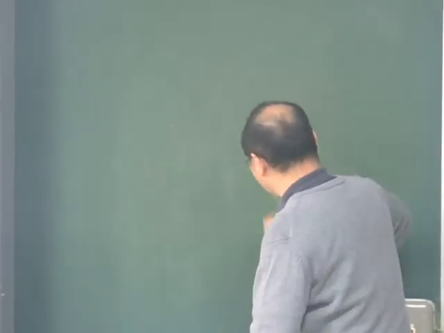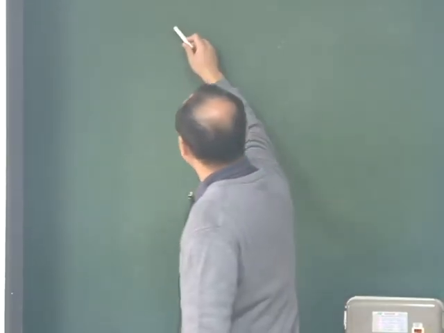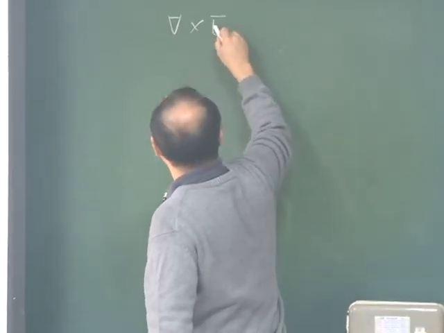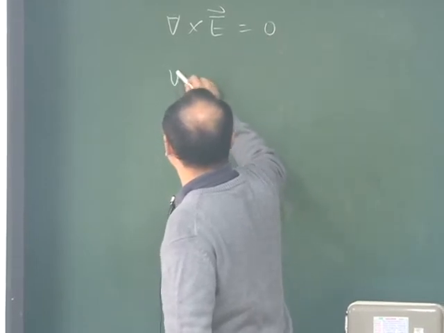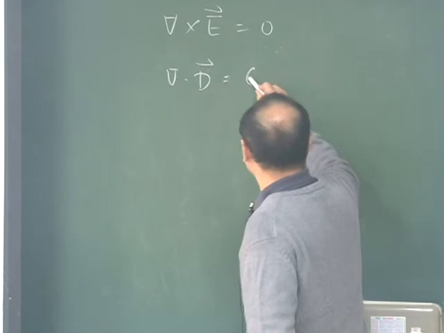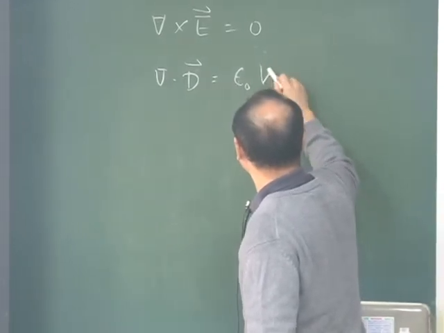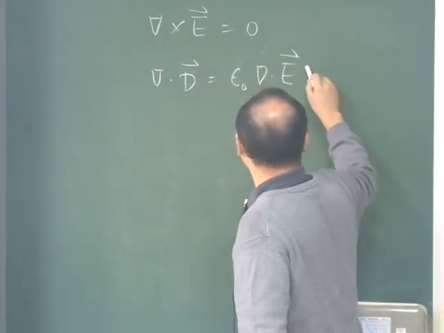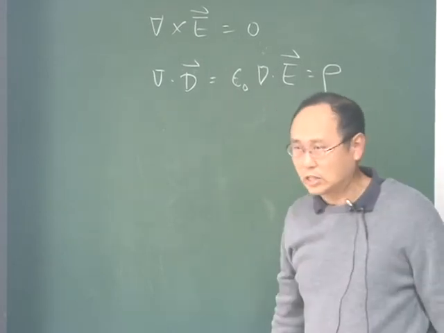So I want to remind you that for a static electric field, you have curl of E equal to 0, and divergence of E, in vacuum, equal to the volume charge density.